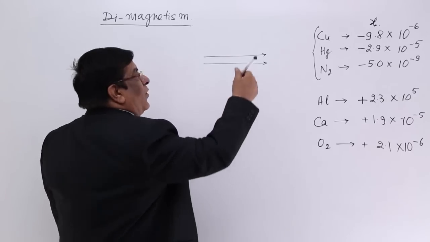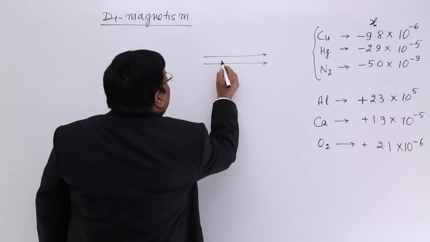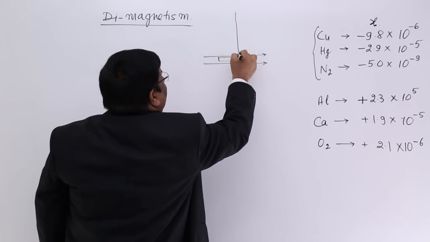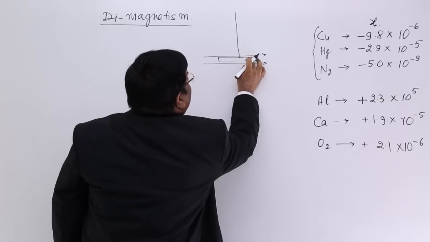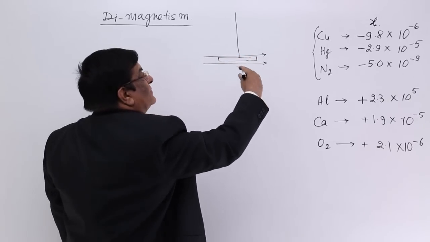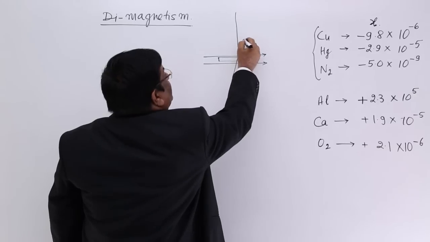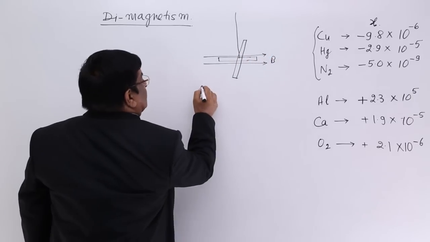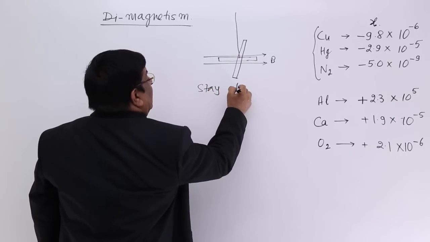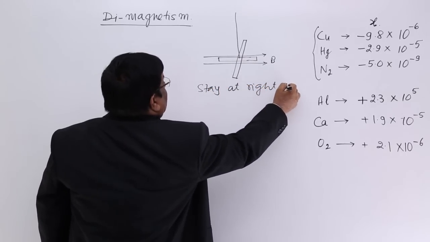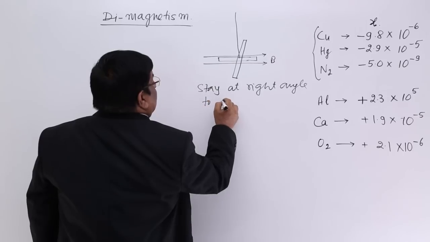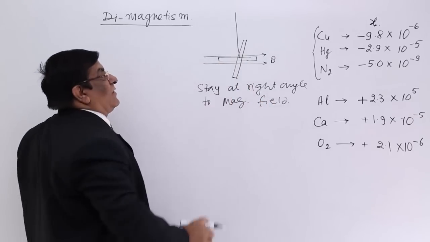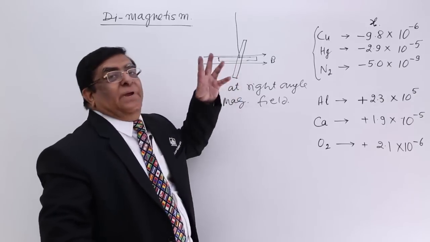If I put a rod of diamagnetic material and hang it by a thread, what I see is that it automatically turns this way and tries to go out of this magnetic field. So it always stays at right angle to the external magnetic field, because it does not like the magnetic field and wants minimum exposure to it.